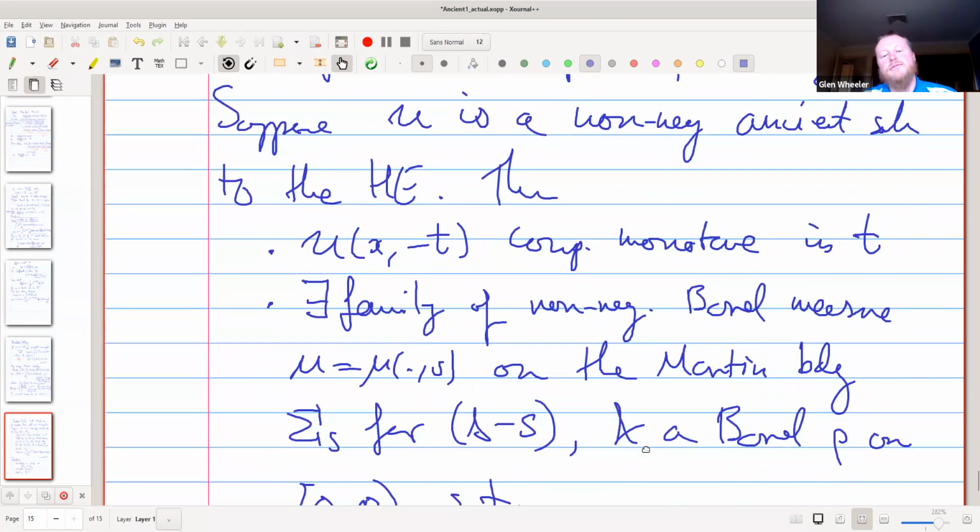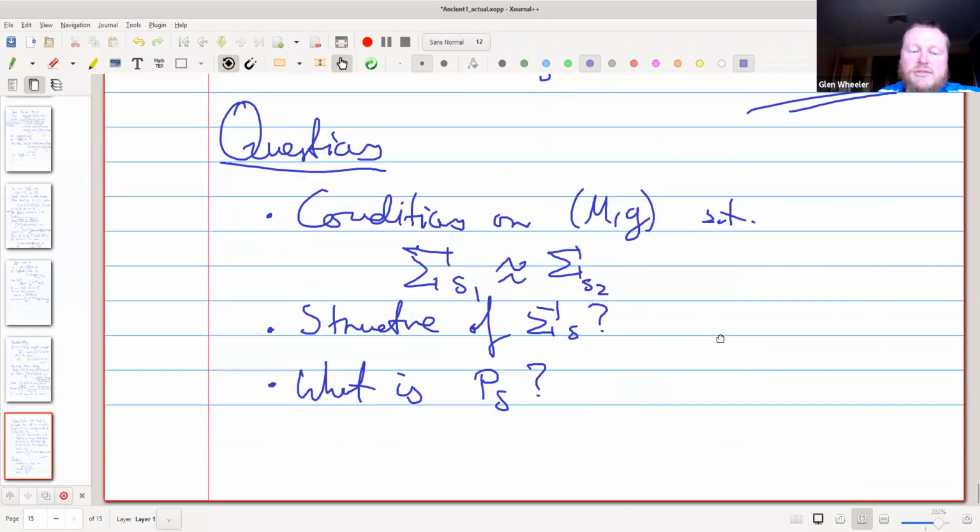Oh, there's a remark I forgot to make, which I don't think I'll write down, but the remark is that you don't need non-negative Ricci. You can get a Harnack inequality in a different way, and get away with not needing non-negative Ricci.